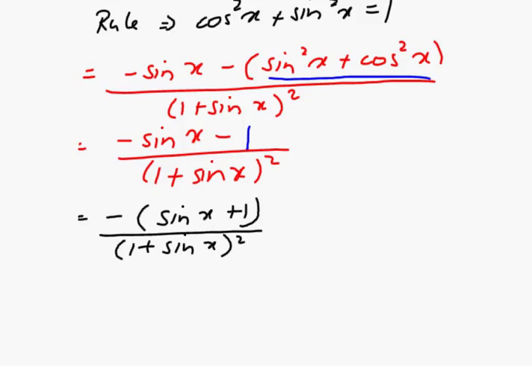Since the top has sine x plus 1 and the bottom has 1 plus sine x twice, we can cancel one from the numerator and one from the denominator, so we're left with minus 1 over 1 plus sine x.